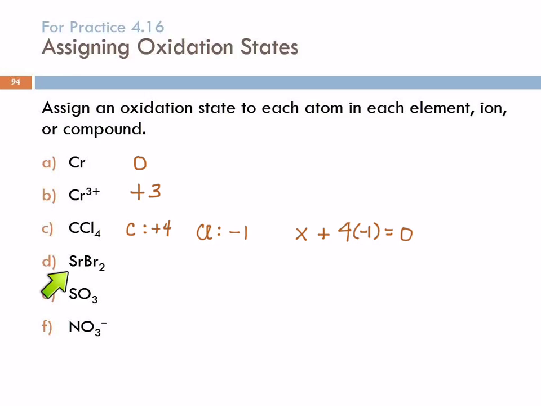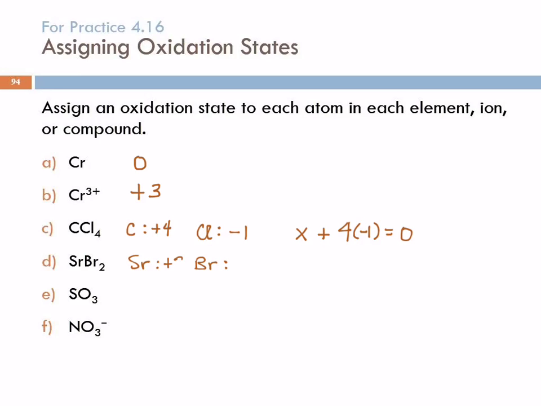So let's look at SrBr2. Well, is that an ionic compound? It is. Ionic compounds are easier because you look at the ion charges. So we've got strontium and we've got bromine. Well, what's the charge on a strontium ion? 2 plus is the charge.